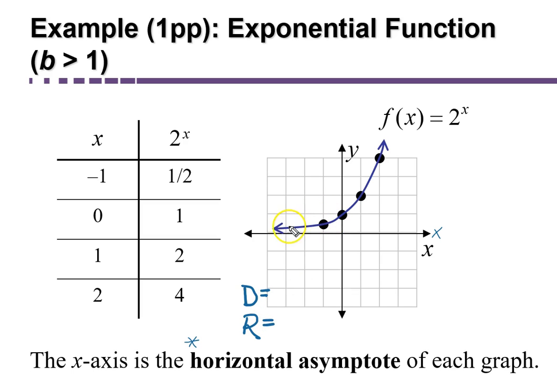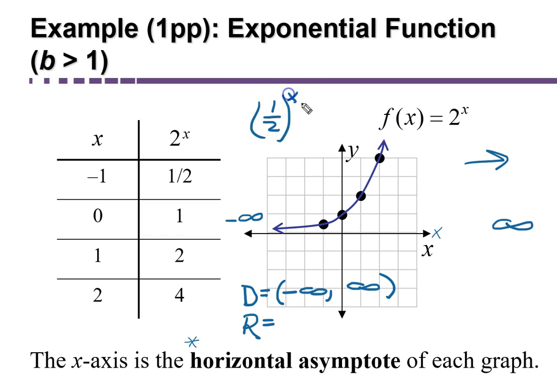Well, this is going to go off to negative infinity for our x values, and then eventually go off in this direction to positive infinity. So the domain of this graph, and of the fraction one too, the 1/2 to the x, is going to be the same.